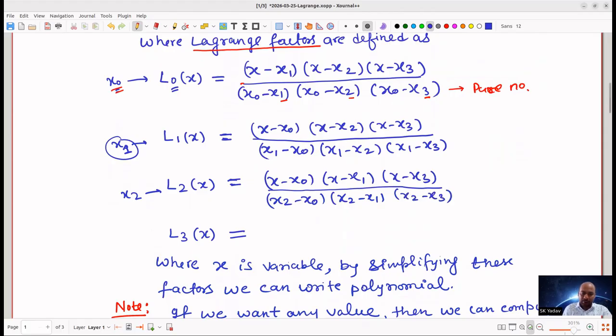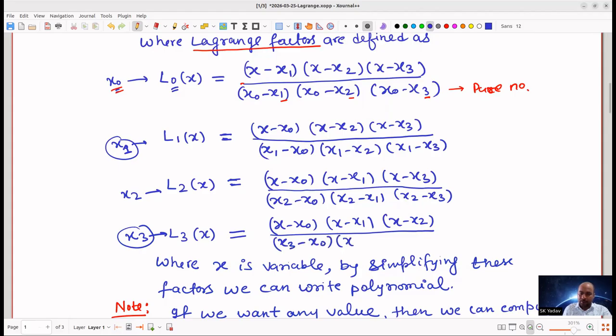How to write L3, which corresponds to x3? This can be written as x minus x0, x minus x1, and x minus x2. In the denominator, you subtract every other data point from x3: x3 minus x0, x3 minus x1, and x3 minus x2.